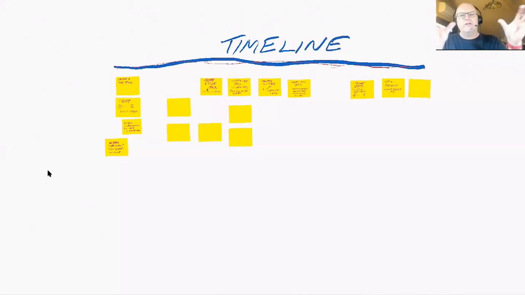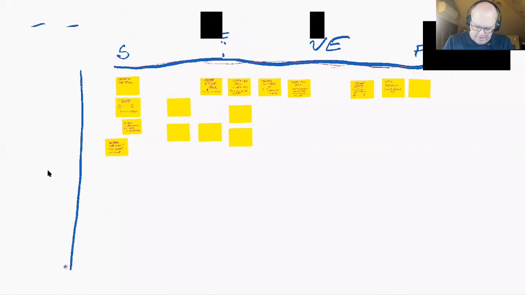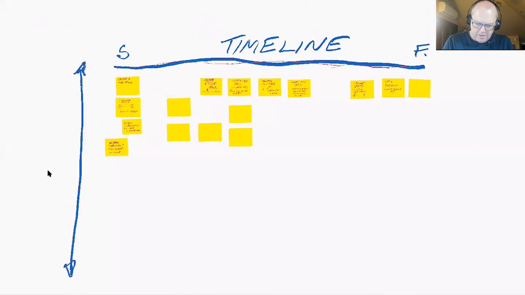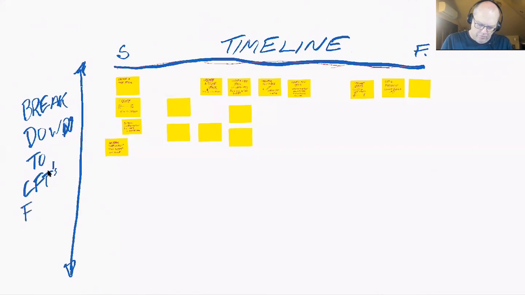We just want to figure out what the steps are. Like a storyboard in a movie, from left to right is where we have to start and where we have to finish. So the top of our board is our timeline, and we've got our categories of the steps. Then down here, horizontally, we do our breakdown to CFTs for each step.